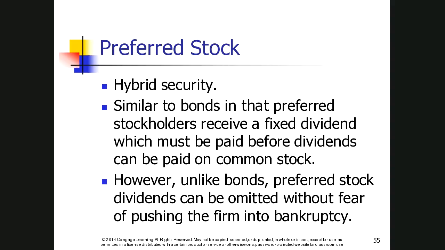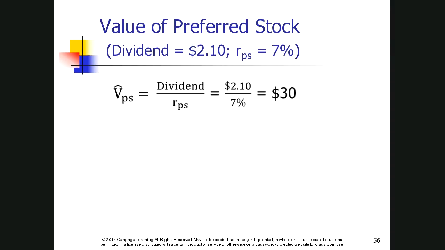And lastly, as we mentioned briefly before, preferred stock. Okay, so it's a hybrid security, similar to bonds, but not having the legal right to push into bankruptcy, so not as high a priority compared to bonds. And since it goes on forever, in that sense, it's similar to stock dividends.